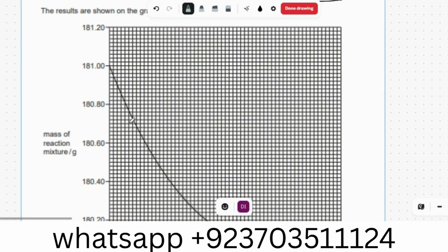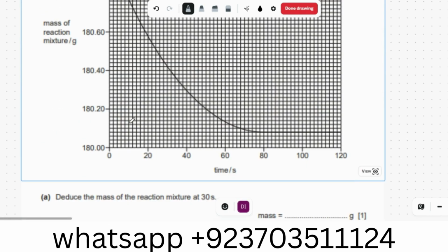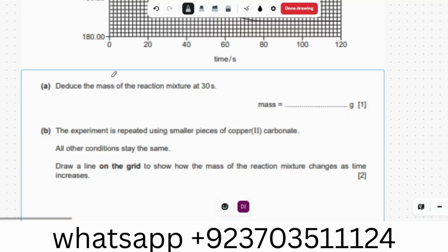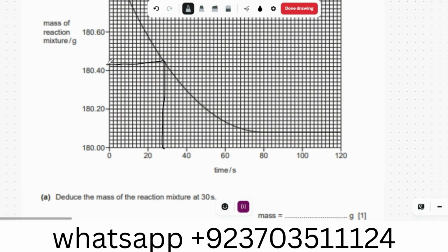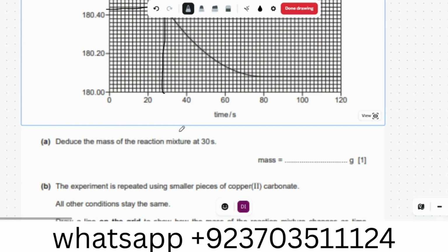The result is shown. As time increases, the rate of reaction will slow down. Read the mass of the mixture at 30 seconds. 30 seconds is here, so we will move here and then somewhere over here. So that is 180.42.